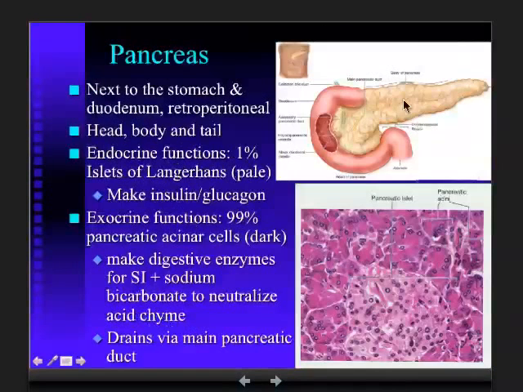There it is, the main pancreatic duct. And eventually it drains into the hepatopancreatic ampulla, because we're going to share something with the liver here, a little swelling in the duct, and that opens up into the duodenal papilla, the opening that goes into the duodenum to drain the pancreas. Okay?